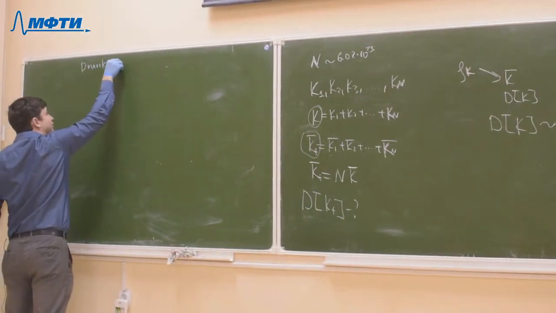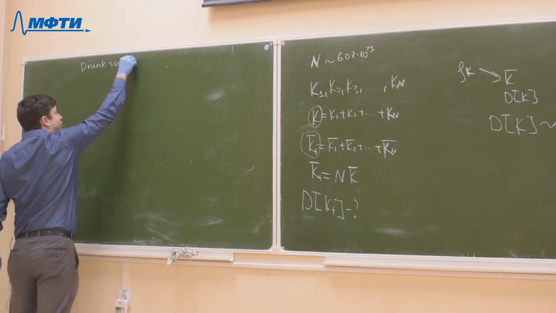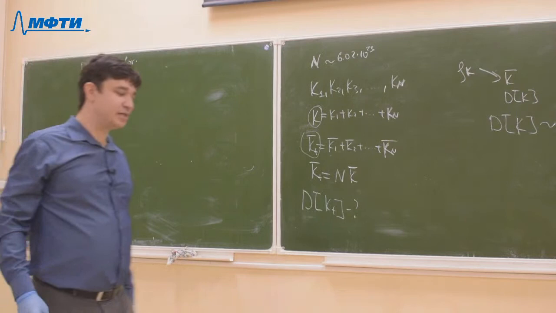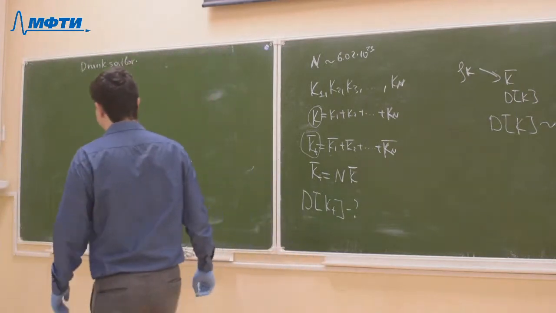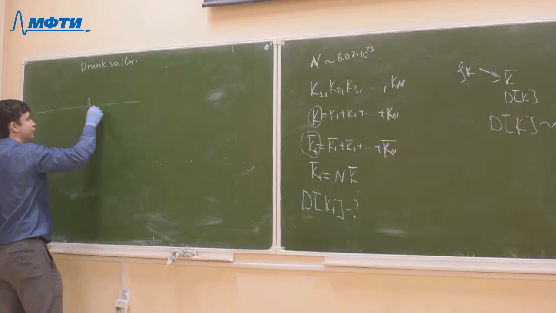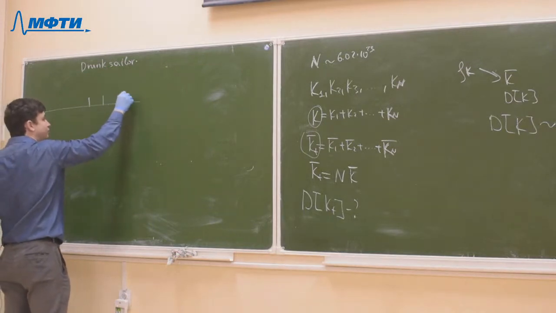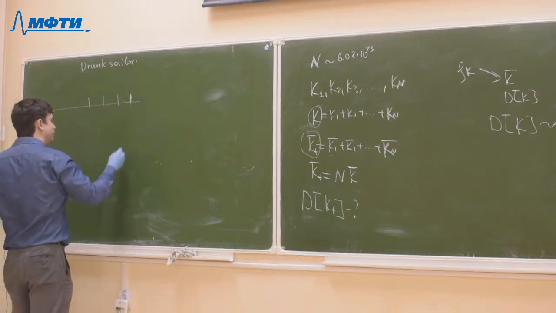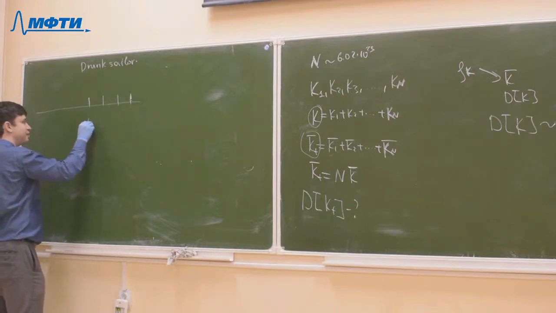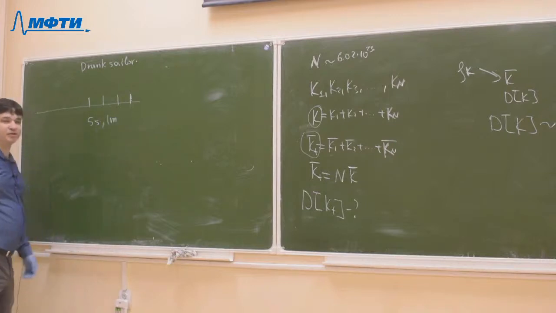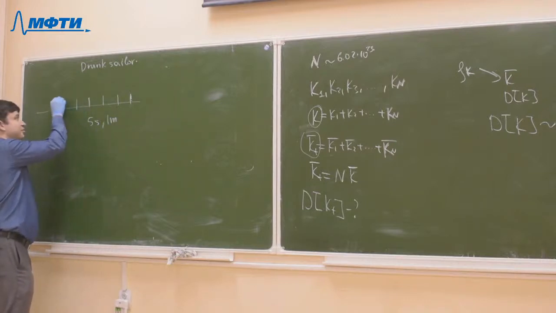So let's assume that we have a sailor who gets out of the bar near the morning and wants to go home. And every 5 seconds, this sailor moves by 1 meter in a random direction.